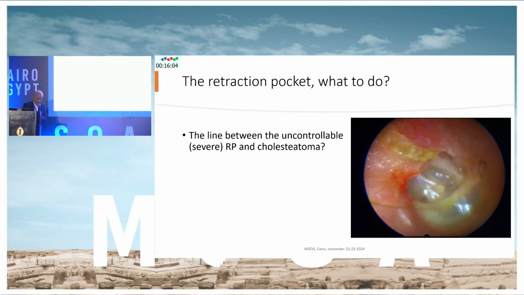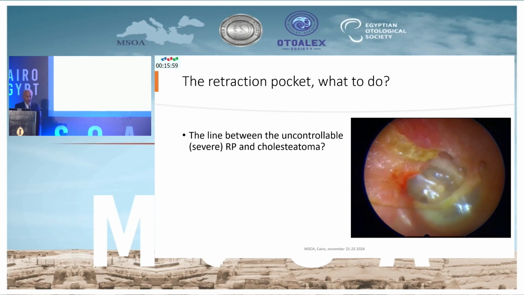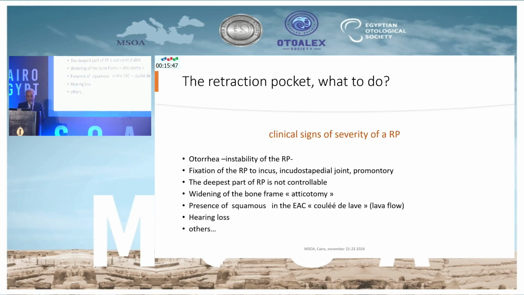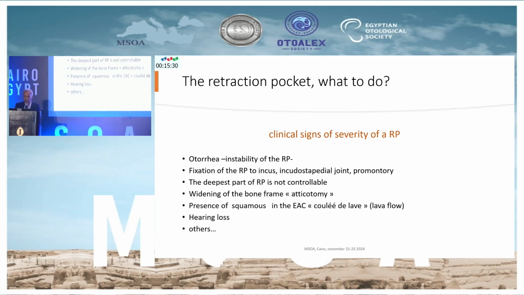So, as we said, the retraction pocket is a pre-cholesteatomatous state. In some cases, the line between severe retraction pocket and cholesteatoma is not clear. The signs of severity of retraction pocket are otorrhea, which means instability of the retraction pocket, fixation of the retraction pocket to the ossicles, to the promontory.